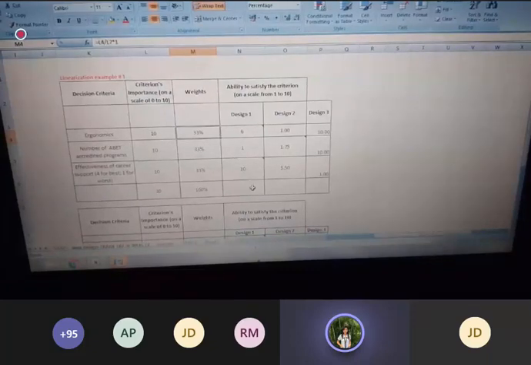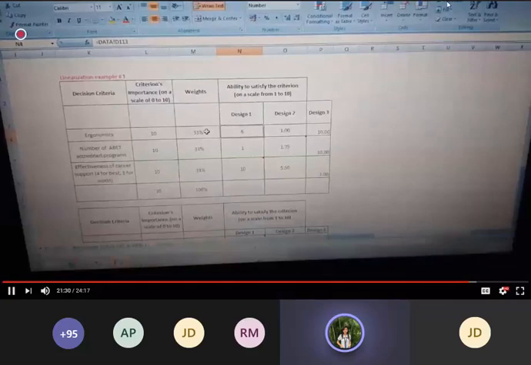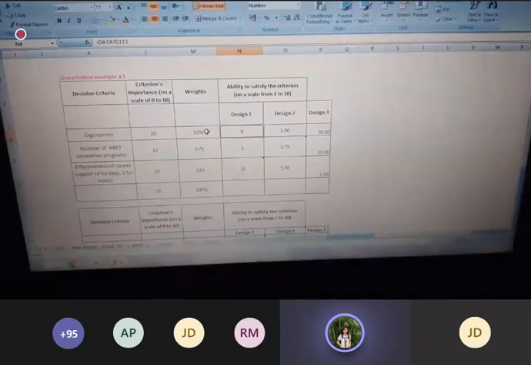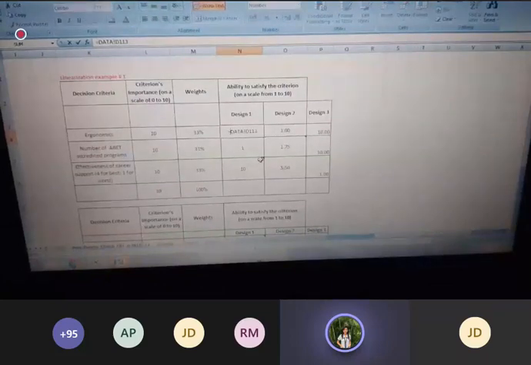So that means for design one, you will be applying 33% for that weight, and 33% for the result for design 2, and the result for design 3 is also multiplied by 33%.